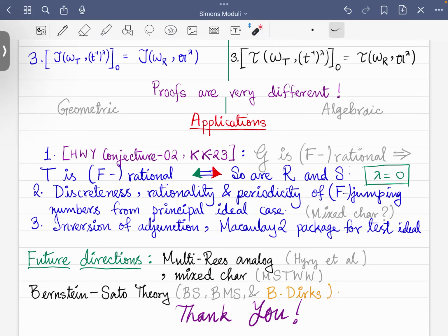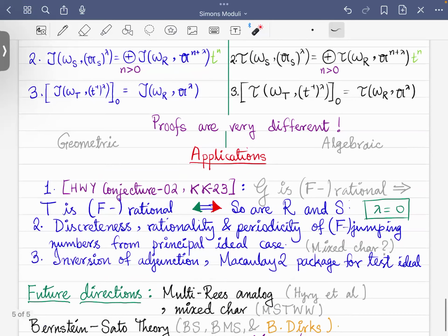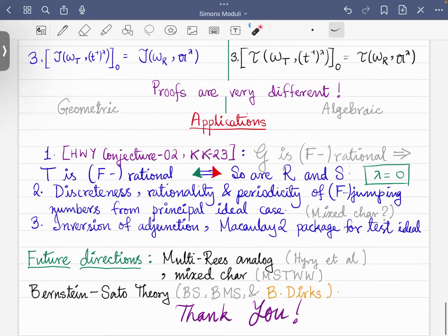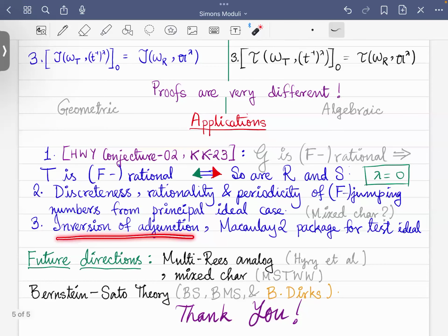And if we can prove these decompositions in mixed characteristic, that will tell us that if we can prove discreteness and rationality of plus-pure thresholds, for example, in the principal ideal case, then we immediately get the same for non-principal ideal cases. And there are some applications of inversion of adjunction as well.